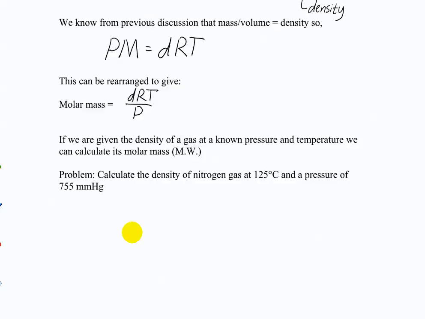So calculate the density of nitrogen gas at 125 C and a pressure of 755 millimeters of mercury. Now, how would you do that? So how do you calculate density if all we know is pressure and temperature? What else do we know here besides pressure and temperature that can give us density? The molar mass. What's the molar mass?